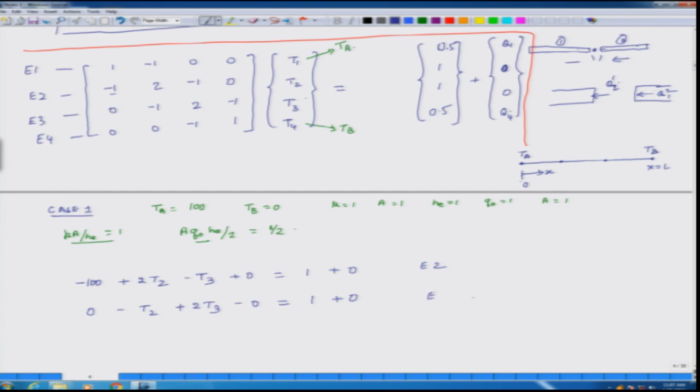So, this is my third equation. So, equation 2 and equation 3.